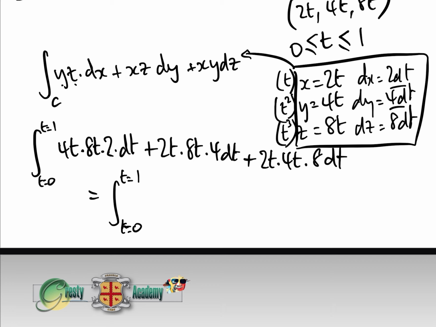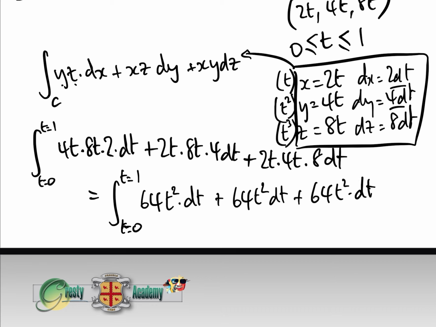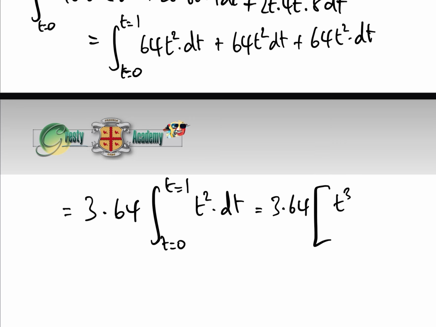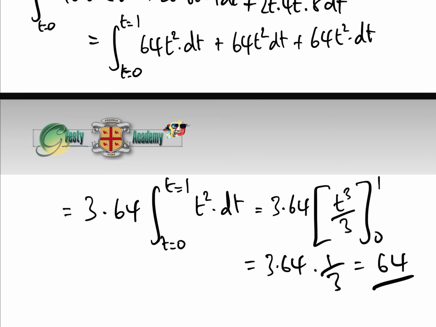Basically 4 times 2 is 8 times 8 is 64 t squared dt, add again 64 t squared dt, add 64 t squared dt, and that gives us 3 times 64 times the integral between t equals 0 and 1 of t squared dt, which equals 3 times 64 times t cubed over 3 between 1 and 0, which is 3 times 64 times a third, which is 64.